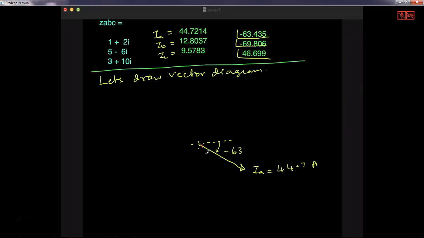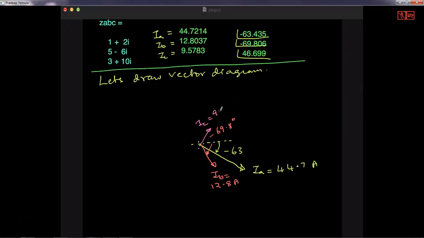Now there is another current IB that is 12.8 amperes. So the length is very less, 12.8 amperes, whereas this angle is minus 69.8 degrees. So I have marked two currents. Now what about the third one? 9.57. So this one is even smaller.